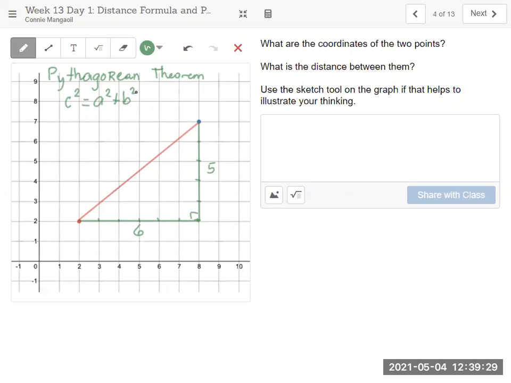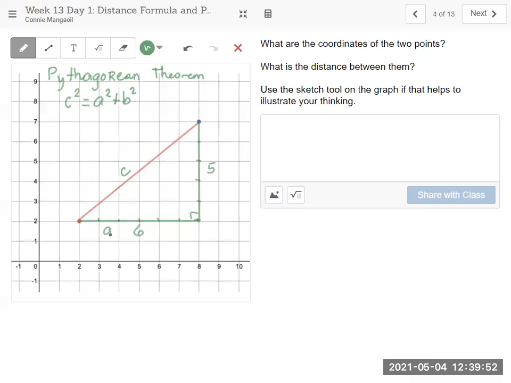Now C represents the hypotenuse of the triangle. In other words, this is the longest side. It's the side opposite the 90-degree angle. So in this triangle, the distance between these 2 points is basically your hypotenuse. That's your C. And the other 2 are the legs.